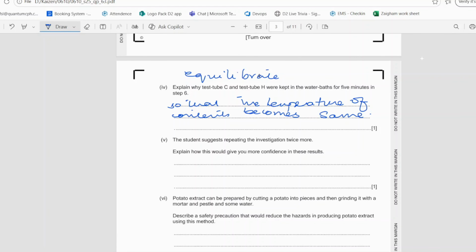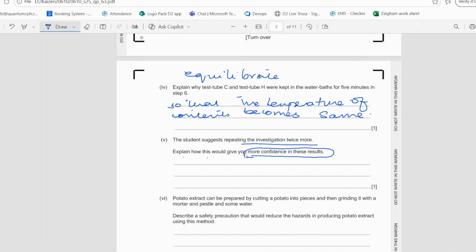Okay, the student suggests repeating the investigation twice. Explain how this would give you more confidence in this result. So yes, we do it to get a reliable result.